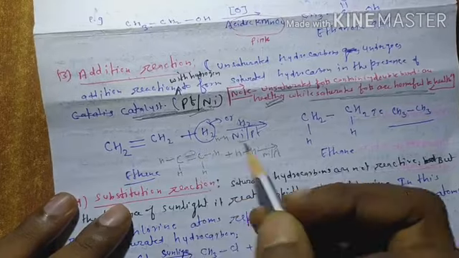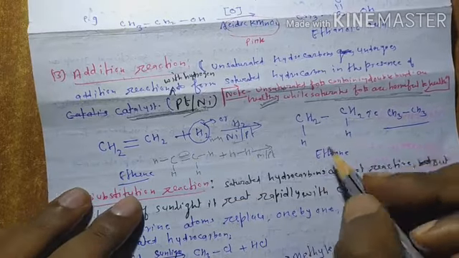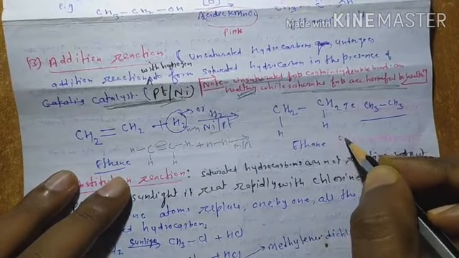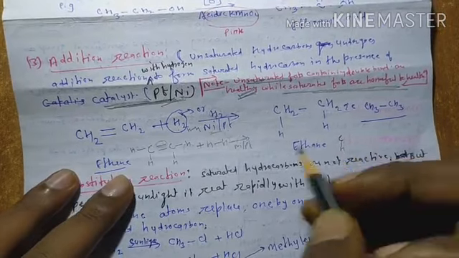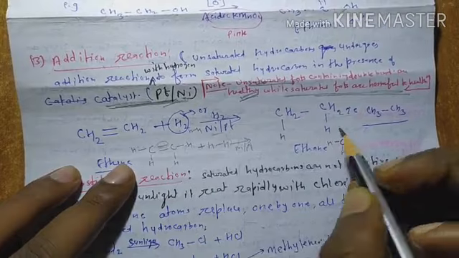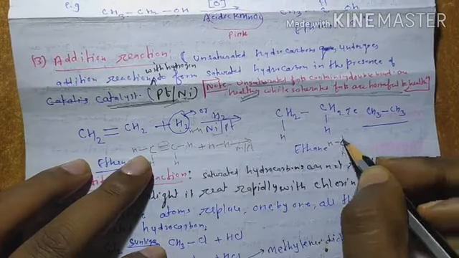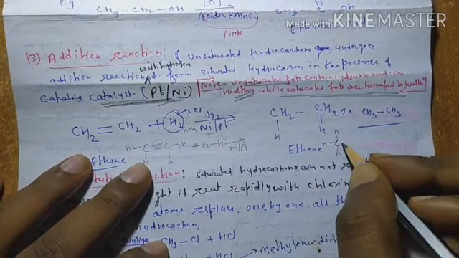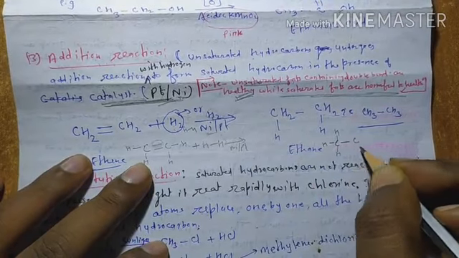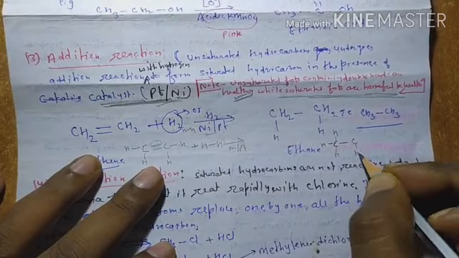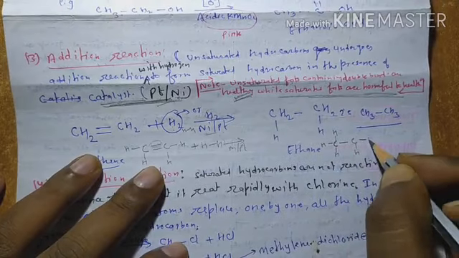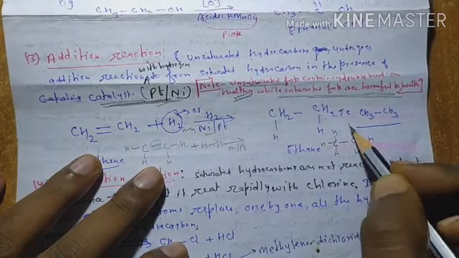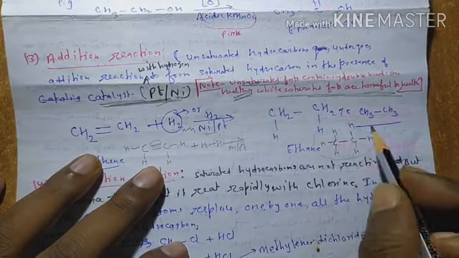So its structure will be like this, I am drawing here: C, here will be H, here it will be H. Now one more hydrogen atom will come here. There is a double bond, so it will be converted into a single bond. Hydrogen is already here, and one more hydrogen will come here. So simply ethane is formed.